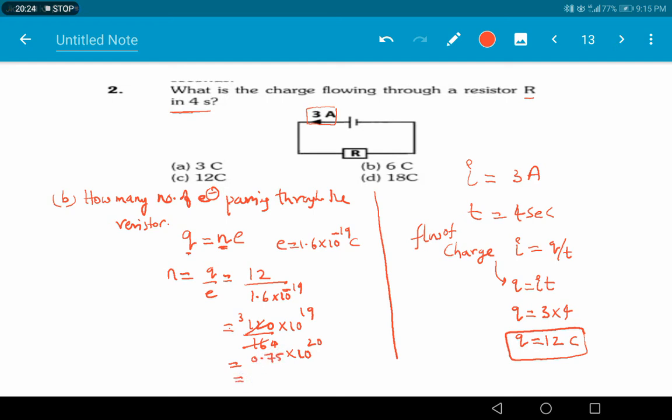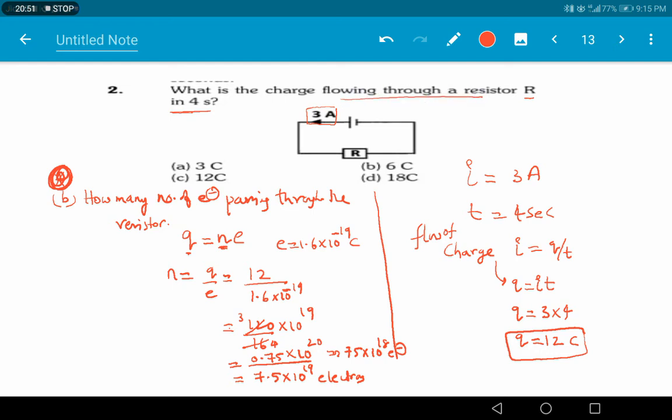So we can write 7.5 into 10 power of 19 electrons, this may be the answer, or if you want, you can write 75 into 10 power of 18 electrons. So this is another way of asking the same question.